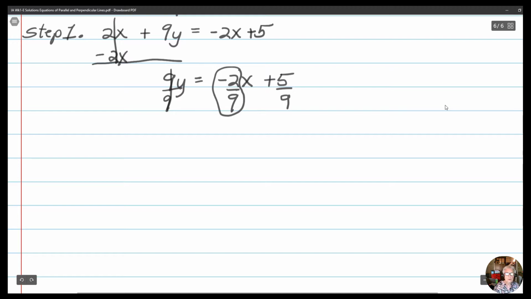Now, step 2, it's already a fraction. Step 3. Step 2, negative 2/9. Step 3. Okay. A, 2/9.